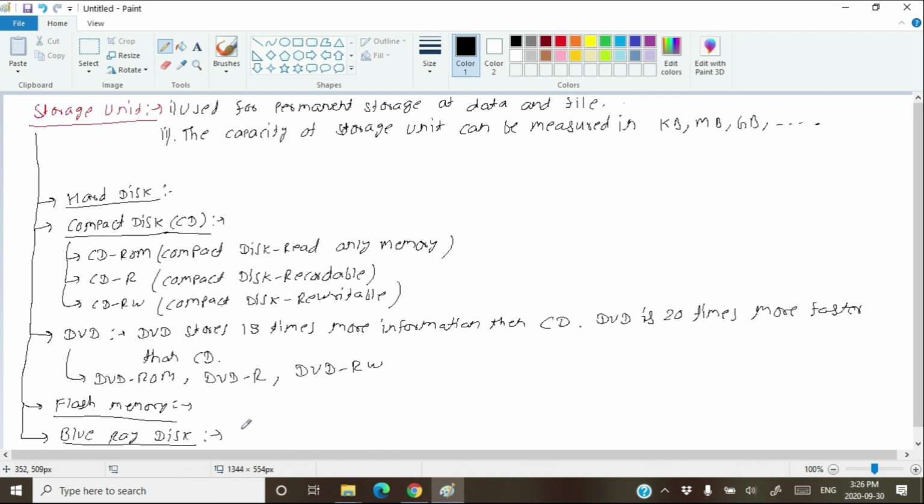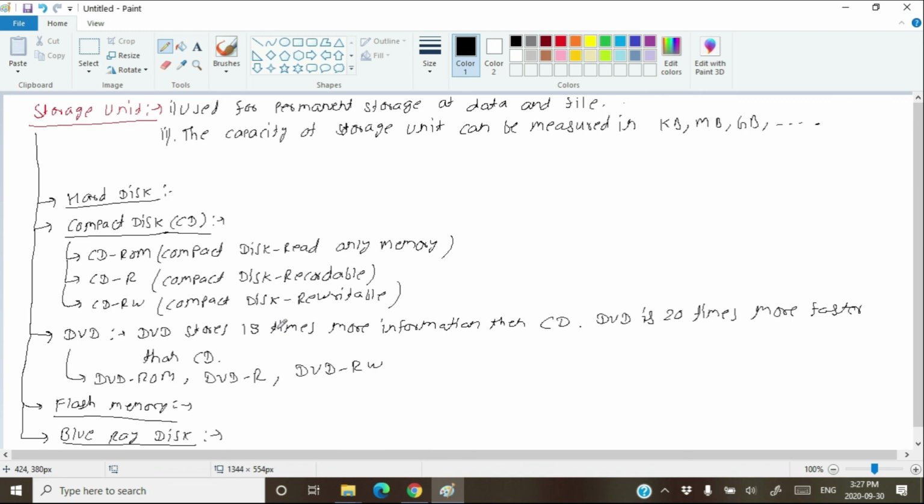On the Blu-ray disc, you can store up to 128 GB of data, while on the DVD, you can store up to 7 GB or 10 GB. But on the CD, you can store up to 700 MB, 500 MB of data. So you can think how dense the pits and lands on Blu-ray disc are.